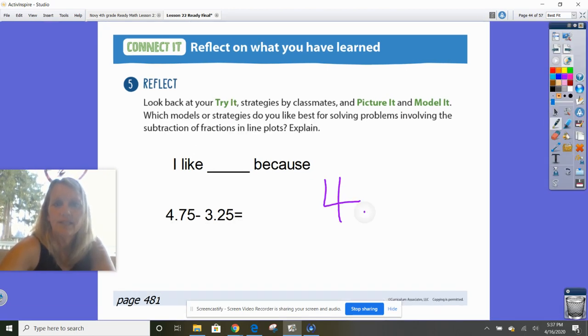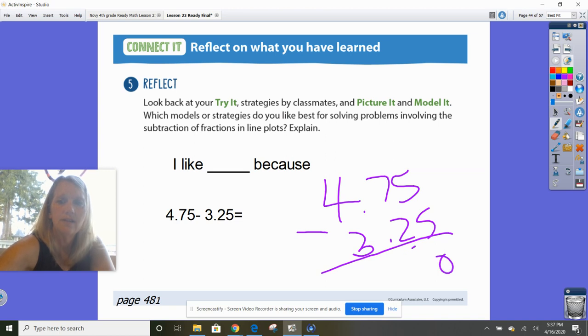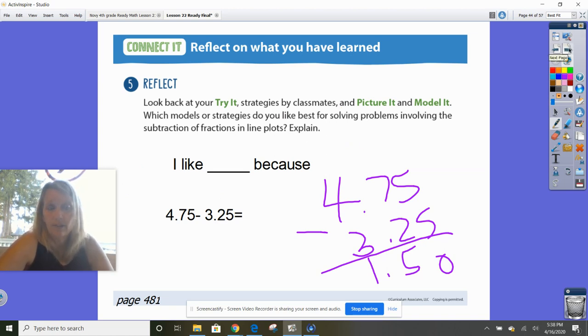If you want to line it up like this, $4.75, 3.25, 1.5. Okay. So maybe you like the decimal style because decimals make more sense in your brain. Lots of different ways to do it. So make sure you reflect on what's your way that works best for your brain right now. It also depends on which kind of problem.